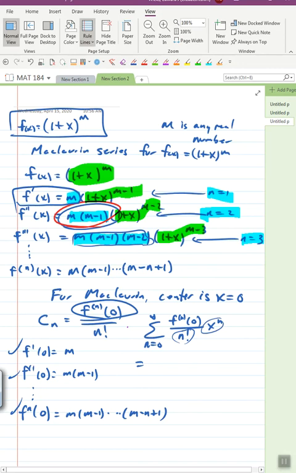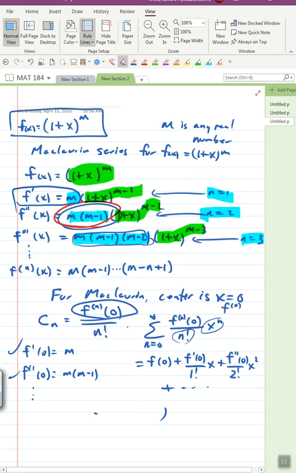And by the way, just to clarify this, notice that when I say n equals 0, when I write f0, the 0th derivative is just the original function. So a Taylor series always starts out with f of the center, for Maclaurin, which in this case would be f of 0. And then what do the rest look like? They look like f prime of 0 over 1 factorial x, f double prime of 0 over 2 factorial x squared, and so on.